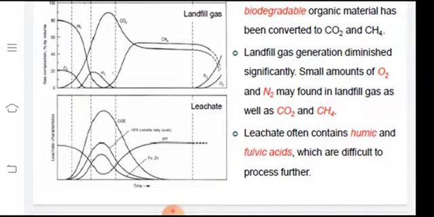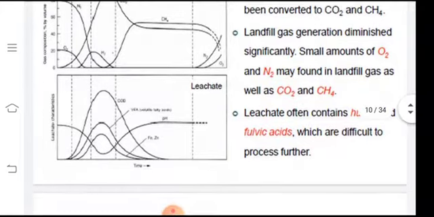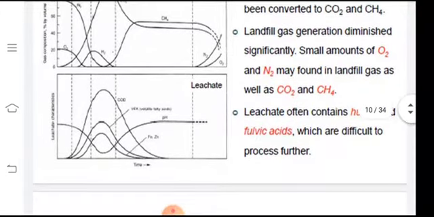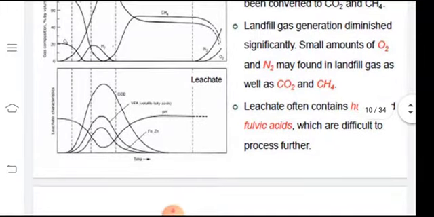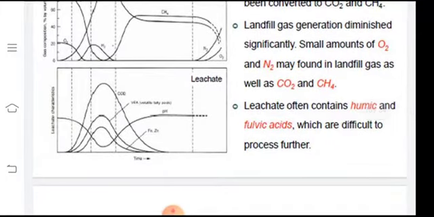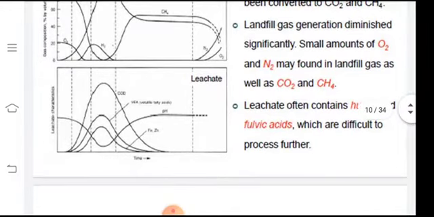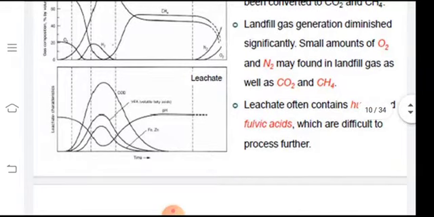And at the same time, landfill gas generation has diminished significantly. Small amounts of O2 and N2 may be found, as well as CO2 and CH4, because the gas production is directly linked with the decomposition process.